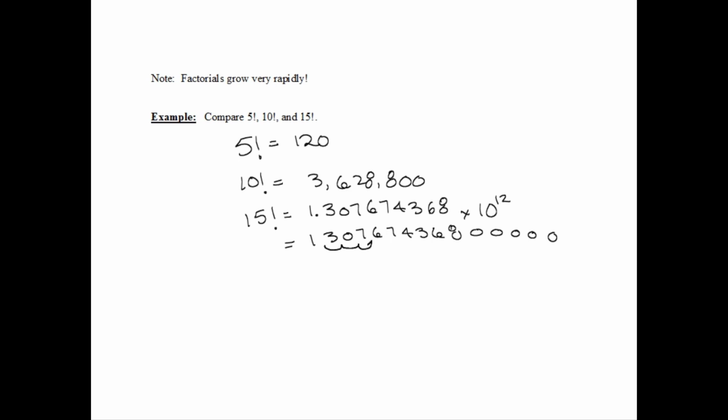So 1, 2, 3, 4, 5, 6, 7, 8, 9, 10, 11, 12. And that's where our new decimal place will be. So that's a pretty big number just for 15 factorial. So if your calculator bombed out on 97 factorial and would not compute it, you can probably understand why.